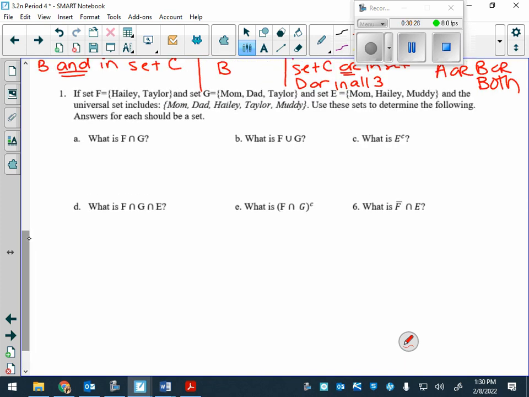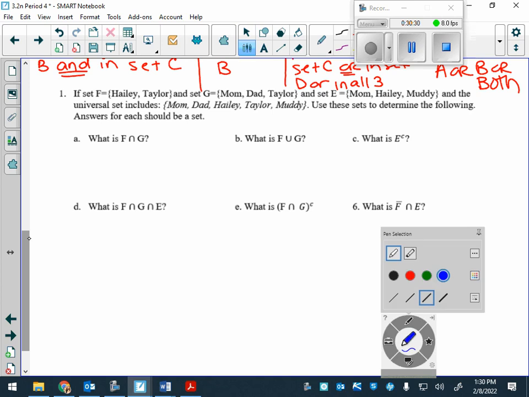We have in set F, Haley and Taylor. In set G, Mom, Dad, Taylor. In set E, Mom, Haley, Muddy. And the universal set is Mom, Dad, Haley, Taylor, Muddy. So those 5 names will make a Venn diagram if you were going to create it.